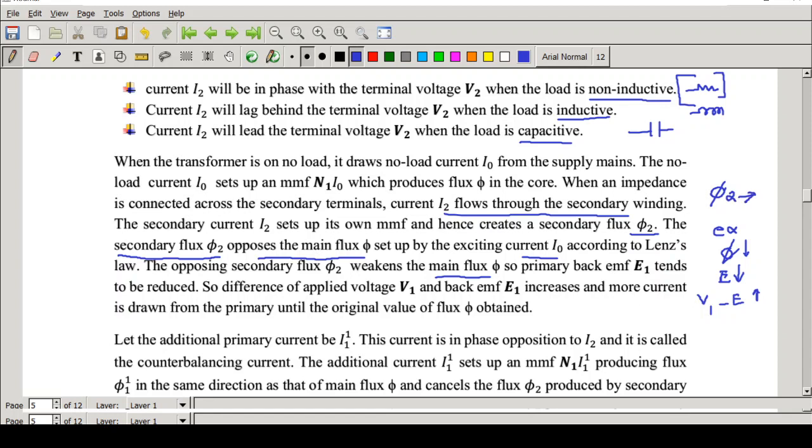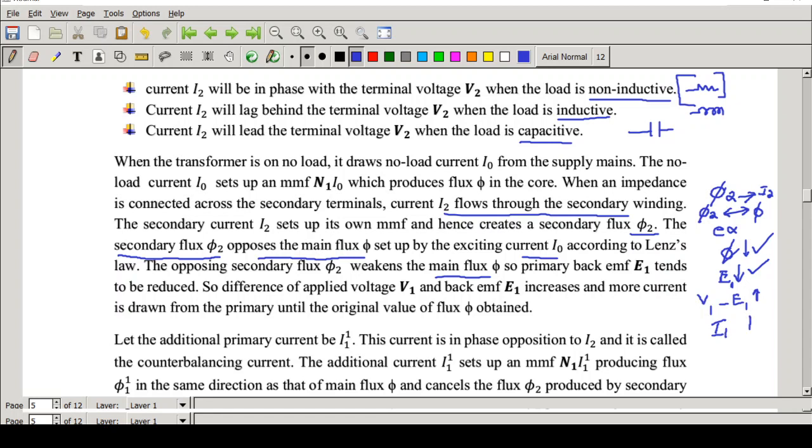Next step, phi2 is opposing the main flux, which means the flux will reduce. So flux reduces, EMF reduces, E1 will reduce. Now when E1 is reducing, V1 is constant, V1 will not change. So what will V1 minus E1 be? It will increase. That means the transformer current I1 will increase.